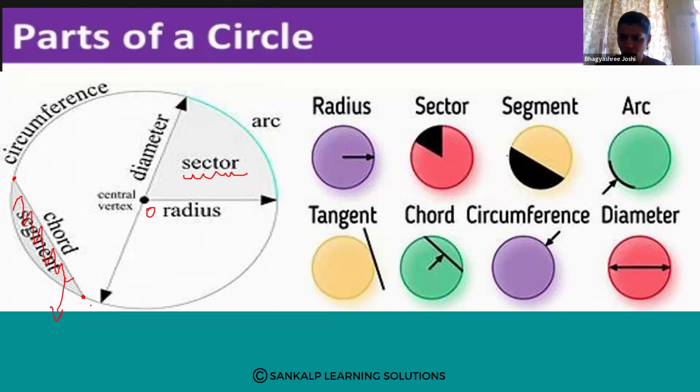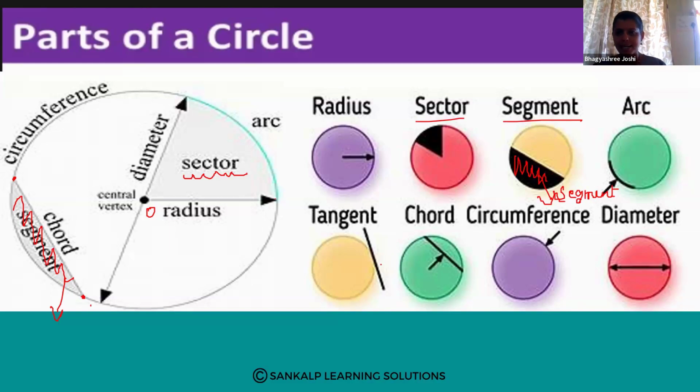See here, this is a chord and this is an arc. The area enclosed between the chord and the arc is called a segment. In this chapter, we are going to learn about areas related to sector and segment, so this part is very important.